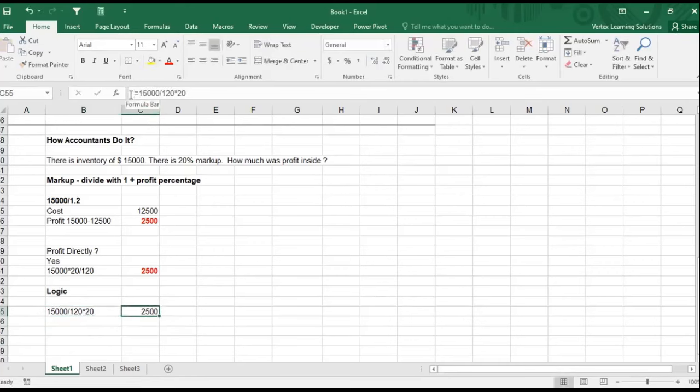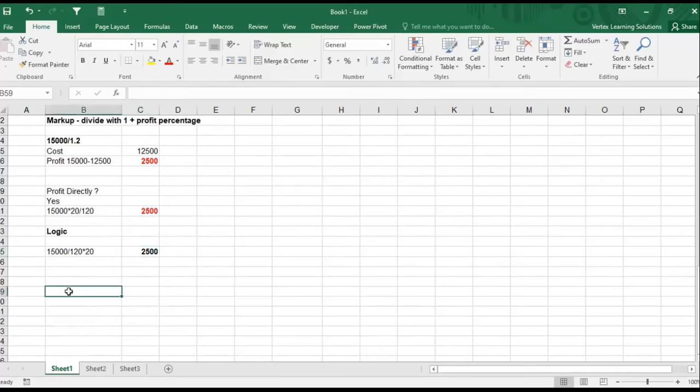So this is mostly given in your consolidation questions, in your inventory question. They will tell you that you have inventory, which is, I don't know, 2.5 million, and there is markup, there is a profit, let's call it 15% markup.